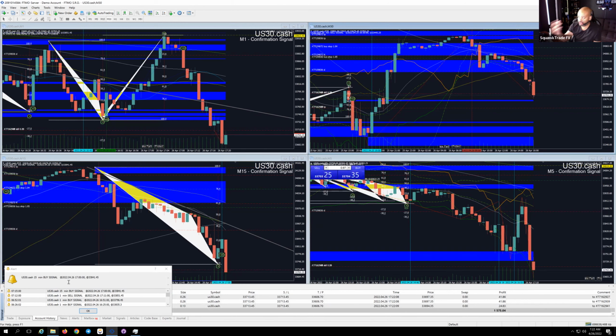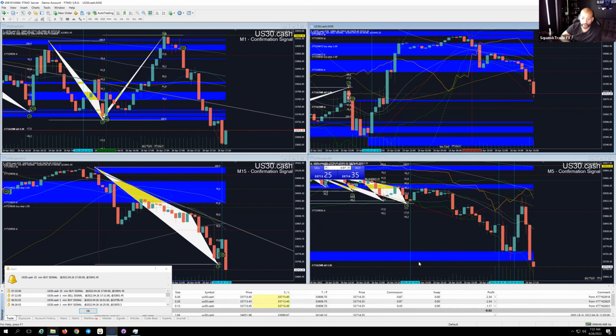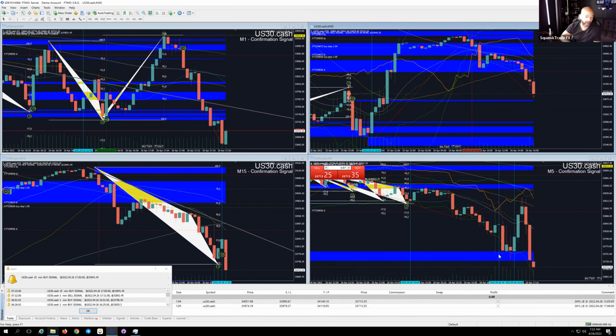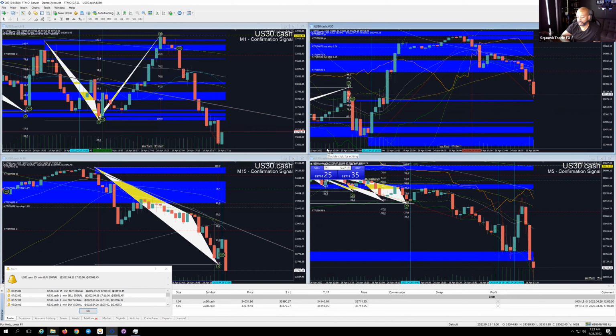So I'm going to check that off as a positive, because it is deciding on good areas to choose for entries. I'm out of that trade, but I made almost $500 on it. That's a very valid target and zone. Nice.